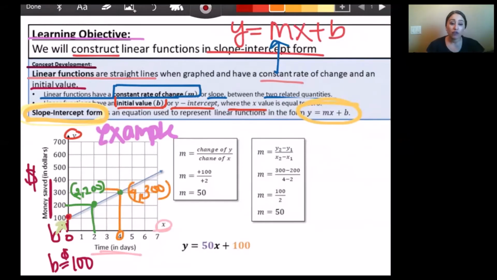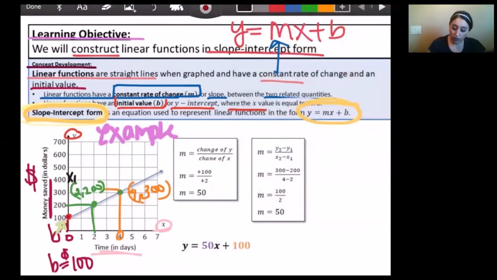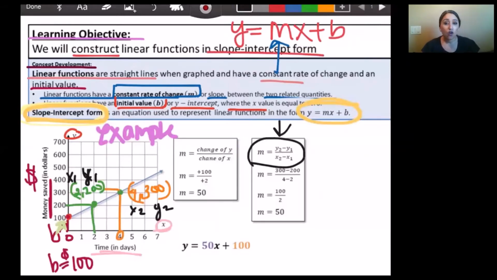I'm going to label my first ordered pair x1, y1, my second ordered pair x2, y2. And I'm going to sub it into my slope formula. So if you guys forgot about the slope formula, it's m equals y2 minus y1 over x2 minus x1.